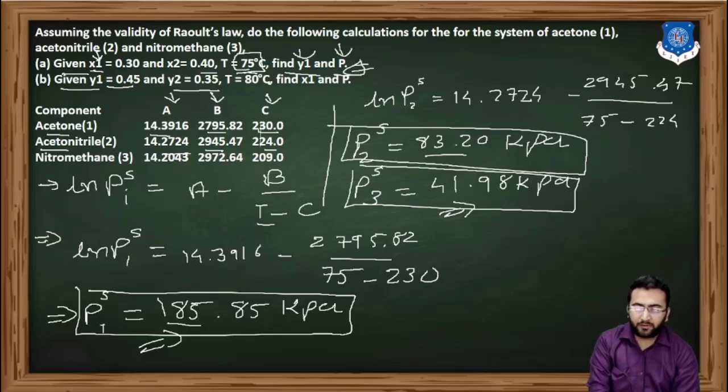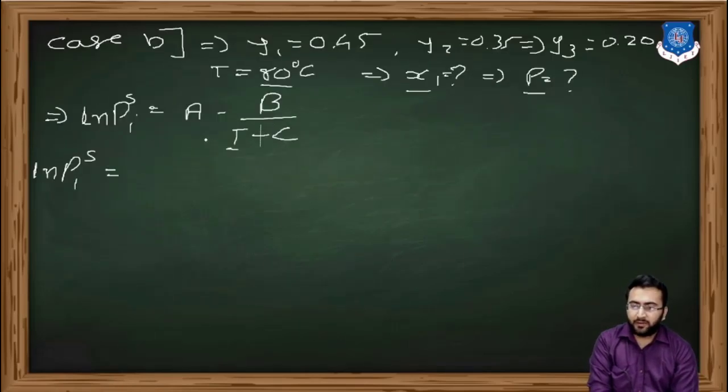So both have different temperatures, so we cannot use P1, P2 and P3 from case 1 for case B. We have to calculate P1, P2 and P3 again.